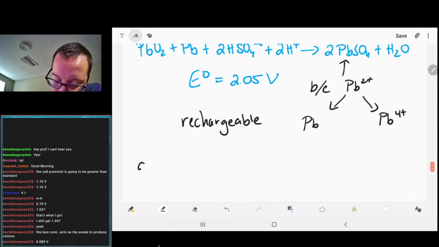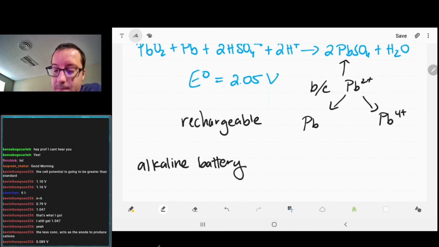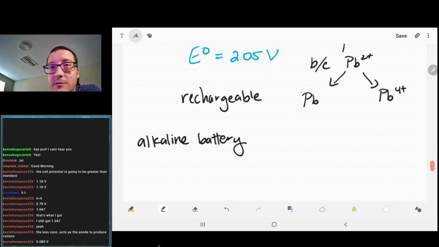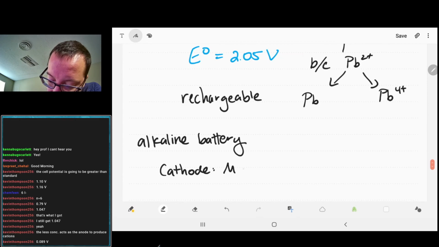Alkaline batteries, like you'll see, are your AA and your AAA and all those things in your remotes and all that sort of fun stuff. Like Duracell, or the Energizer batteries. How these work, your cathode is going to be manganese 4.